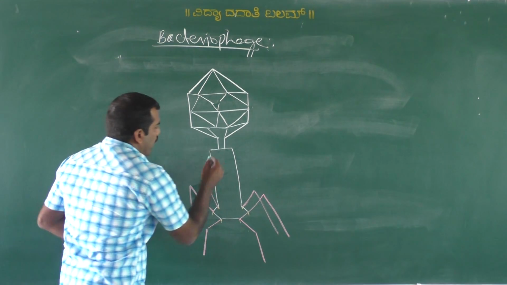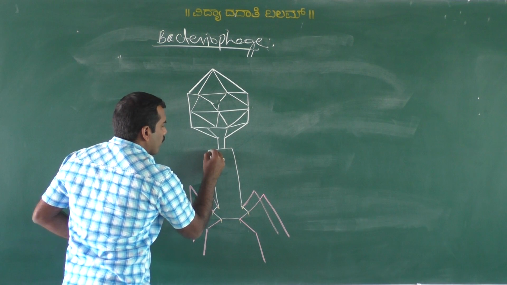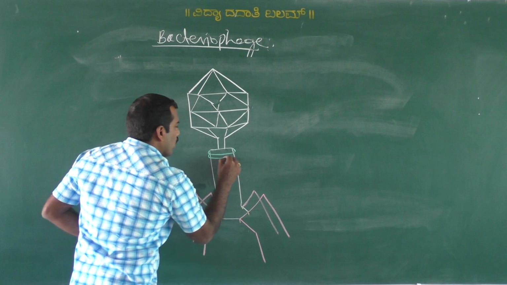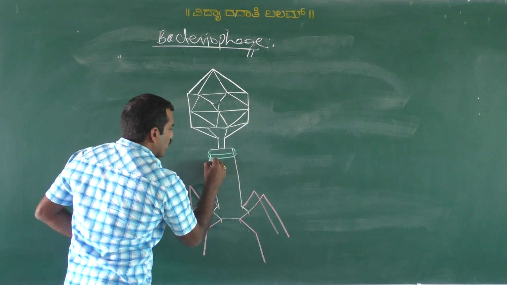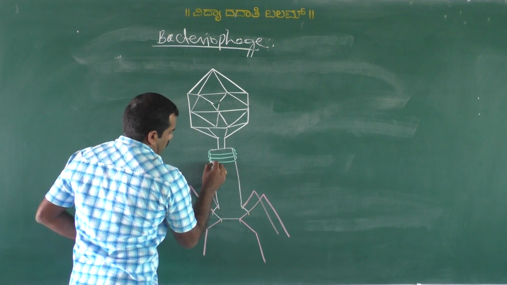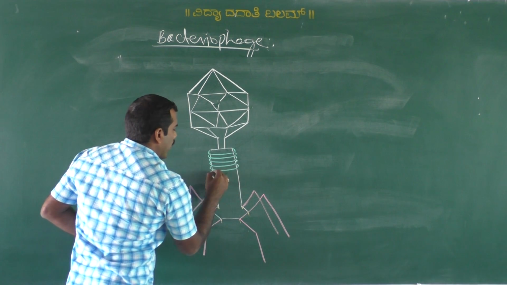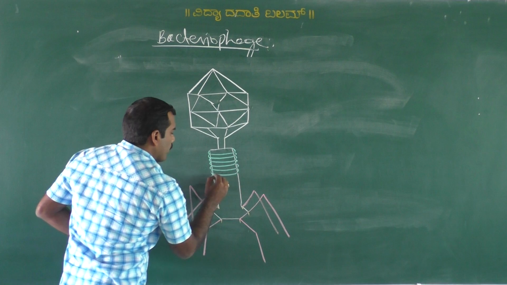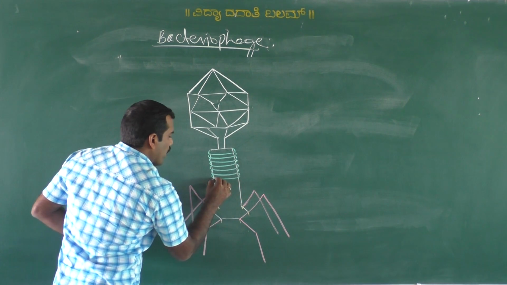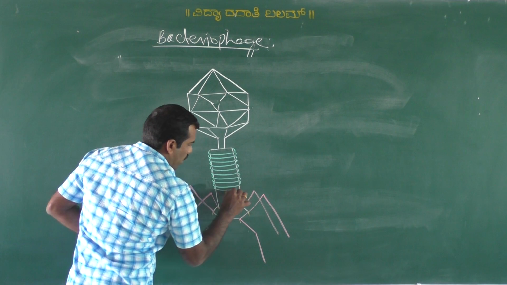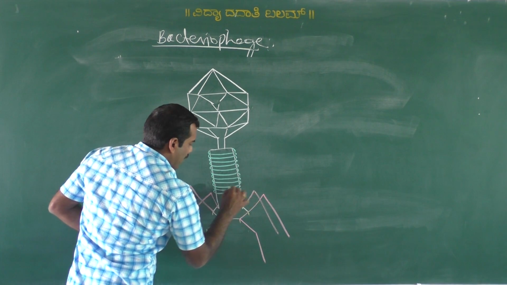Then this tail is covered by a contractile tail sheath. It is also made up of protein. The entire virus is made up of protein, but they have a genetic material, either DNA or RNA. This is a contractile tail sheath.